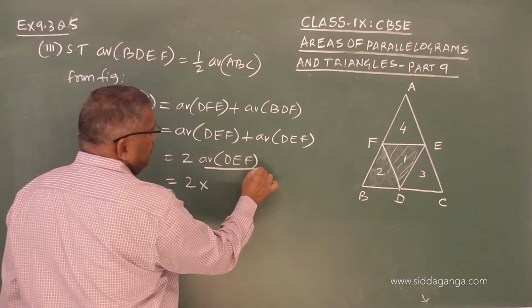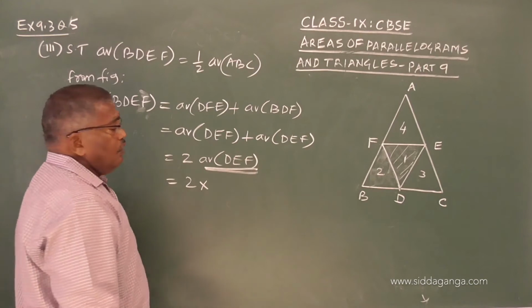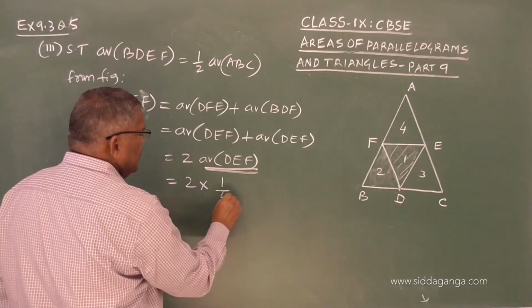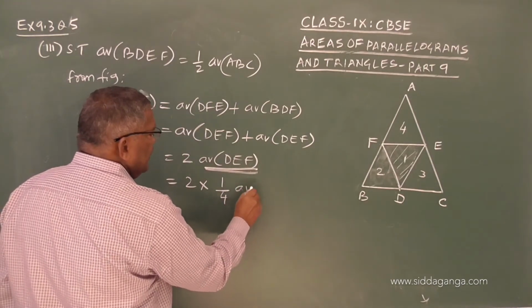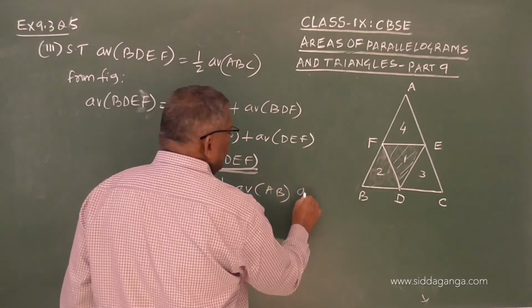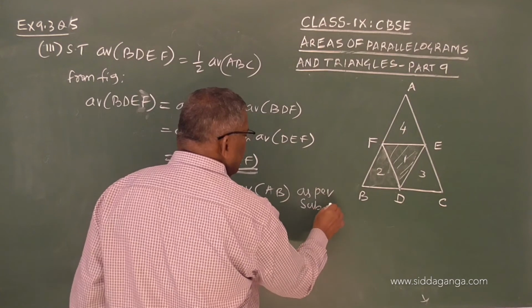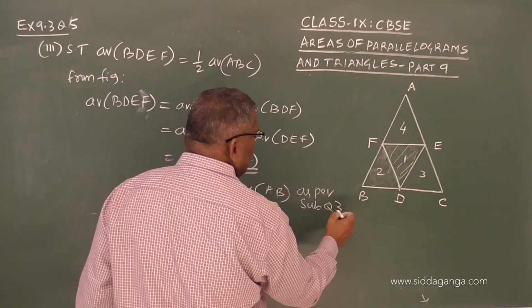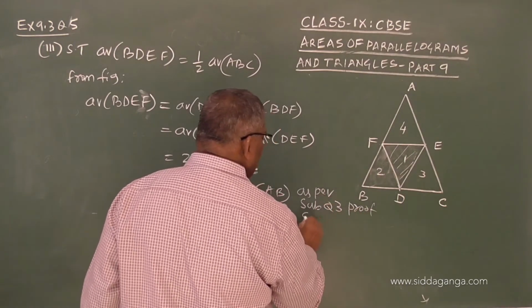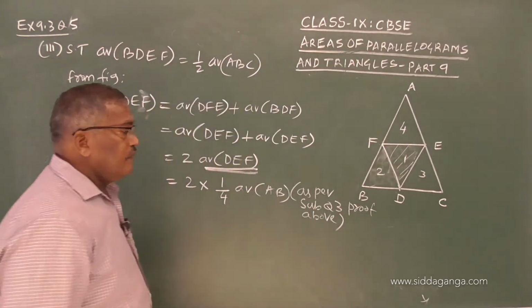So, DEF we have proved in the previous sub question is 1/4 of ABC. Therefore, I will write it is 1/4 of area ABC as per the proof above.